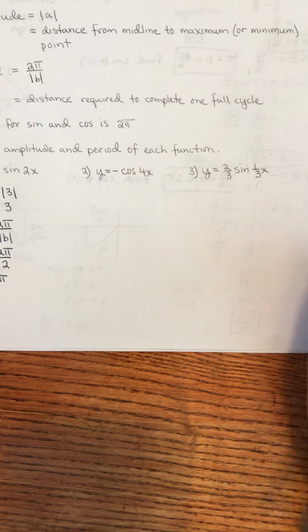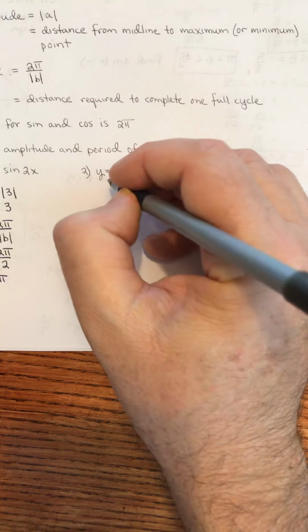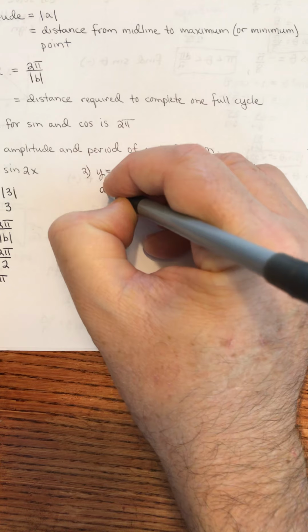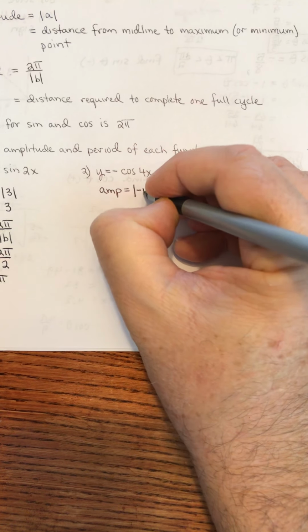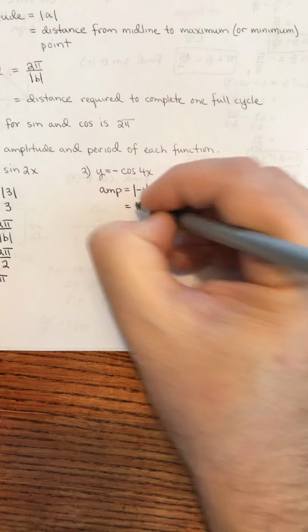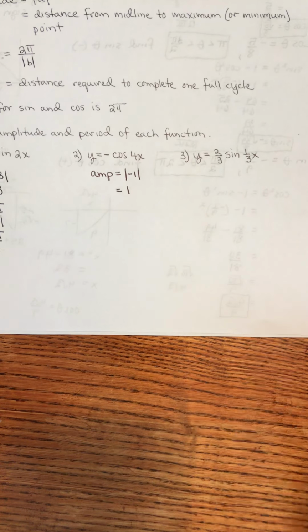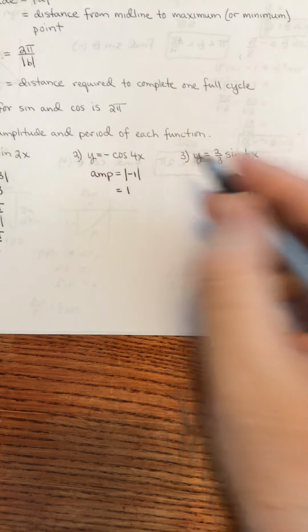This next one, the coefficient of the cosine is -1, but remember the amplitude is always the absolute value because it's just a distance. So the amplitude is 1. And we'll spend a lot more time on that in the next lesson when we use this to graph, but I'll show you some pictures in a second.